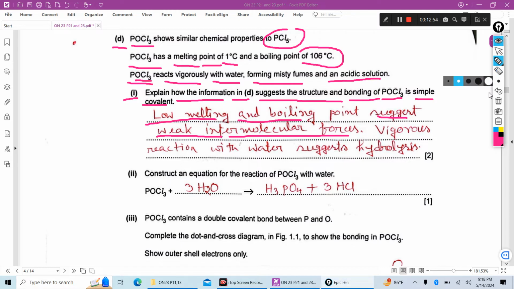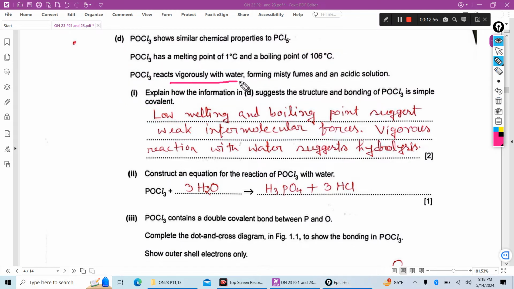Phosphorus trichloride oxide reacts vigorously with water, meaning the vigorous reaction with water suggests a hydrolysis reaction occurs. This simple covalent compound is hydrolyzed with water.